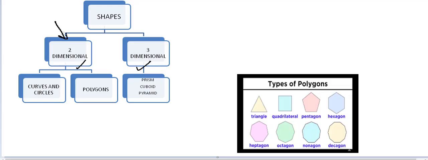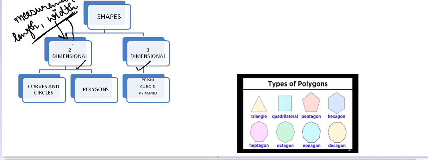For two-dimensional, the measurement is done for length and width. That is, two parameters are used for measurement. For three-dimensional, there are three parameters, that is length, width and height.